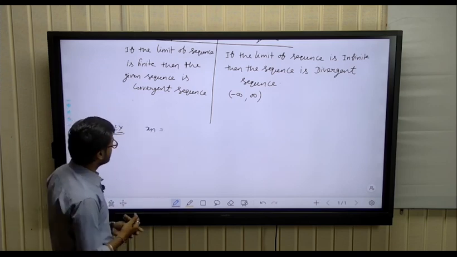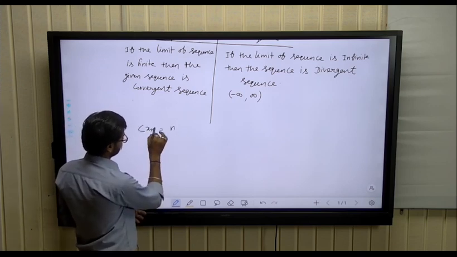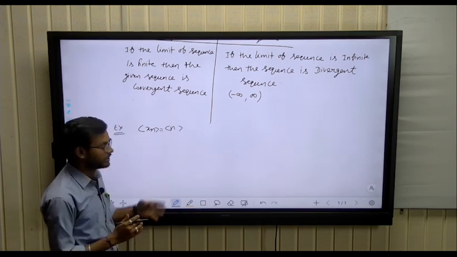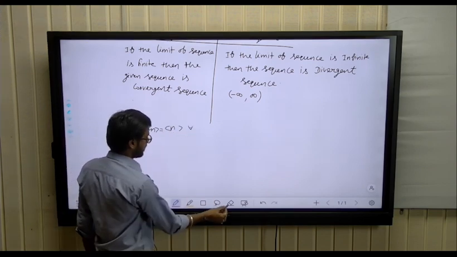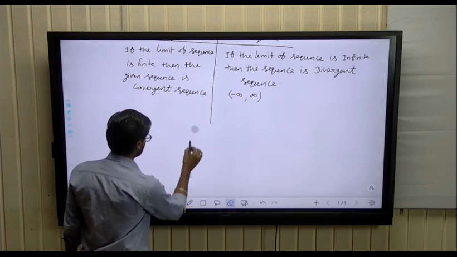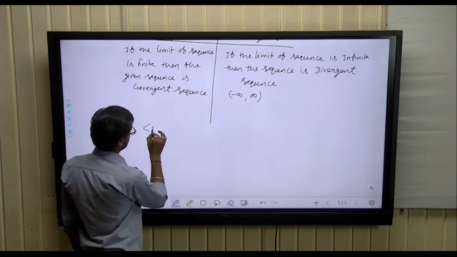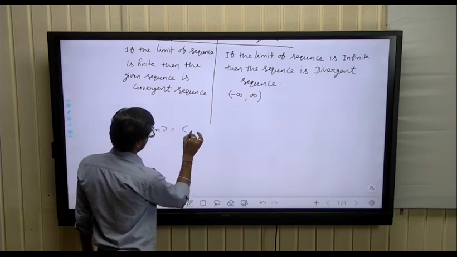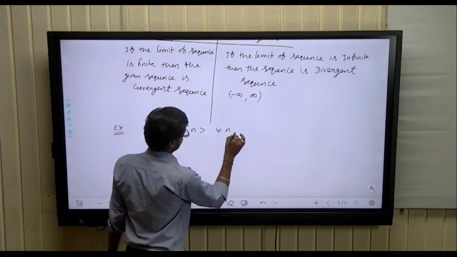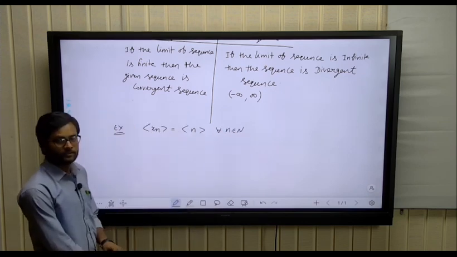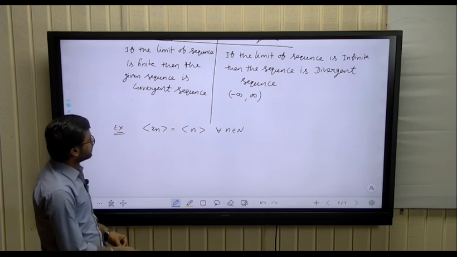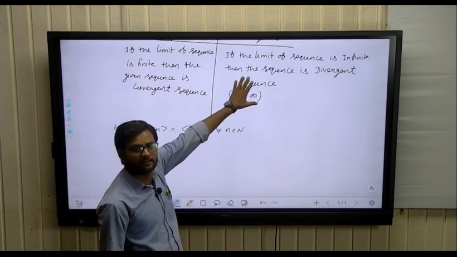Okay. So, the example is, suppose that the given sequence is n. I write it clearly here. Now, the steps are like a convergent sequence.